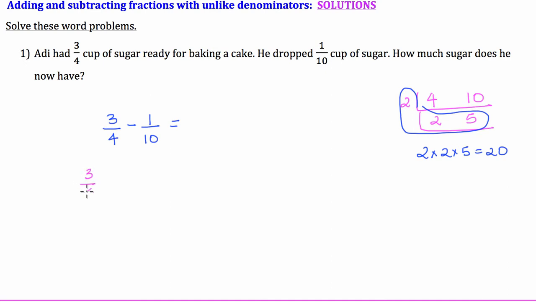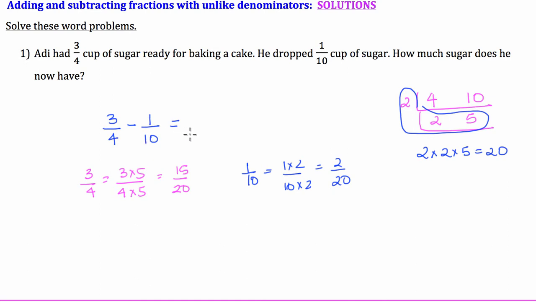3/4 equals, we'll multiply both the denominator and the numerator by 5, and that is equal to 15/20ths. And 1/10 is fairly straightforward. 1/10 equals, we'll multiply the denominator and the numerator by 2, and that is equal to 2/20ths.